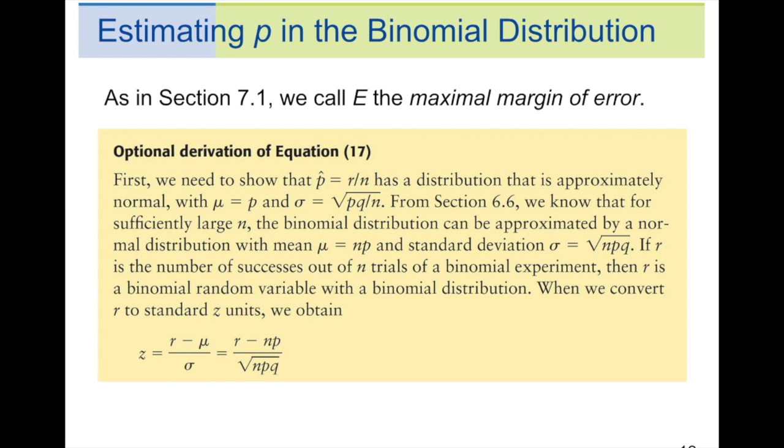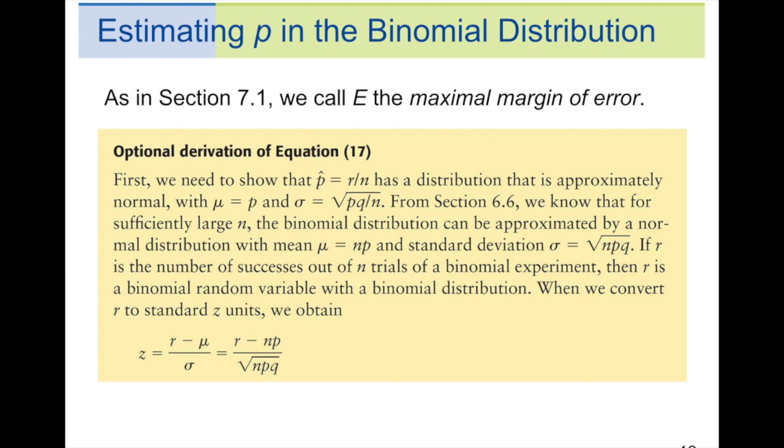First, we need to show that p hat equals r over n has a distribution that is approximately normal with mu equals p and sigma equals the square root of pq over n. From section 6.6, we know that for a sufficiently large n, the binomial distribution can be approximated by a normal distribution with mu equals np and standard deviation sigma equals the square root of npq.